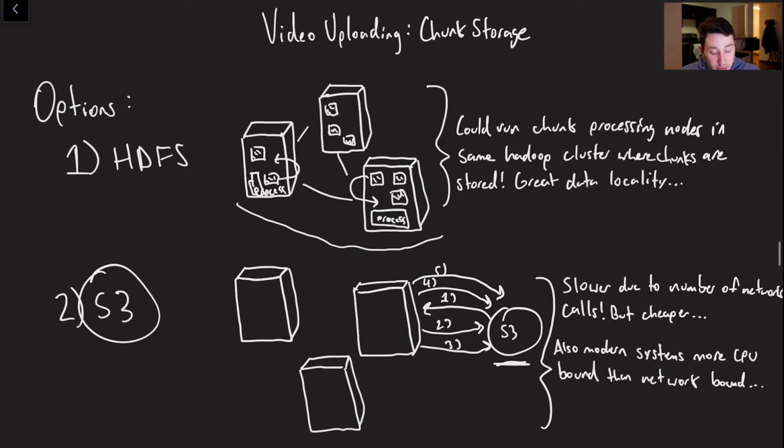However, it is worth noting that in practice, two big things come up. One, HDFS is just like objectively more expensive, right? So S3 is going to be cheaper. Another thing is that truthfully, in modern computing, or at least from what I understand about modern data centers, we're actually going to be a lot more CPU bound than we are network bound.